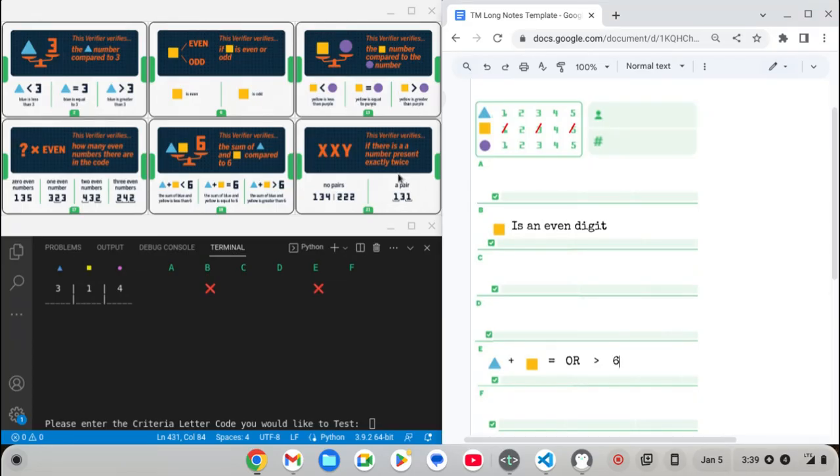Let's see. Well, let's go ahead and test criteria card F. Okay, so in this case, the Turing Machine does agree with the proposal. Notice that in 314, all the digits are distinct, so that means that there are no pairs, and the Turing Machine approves of that.